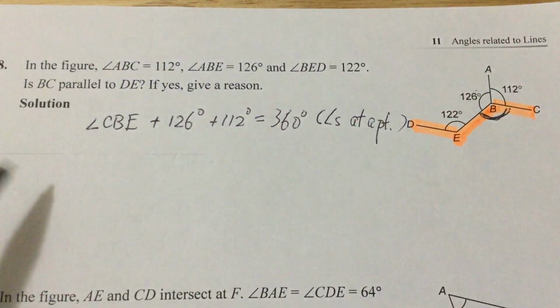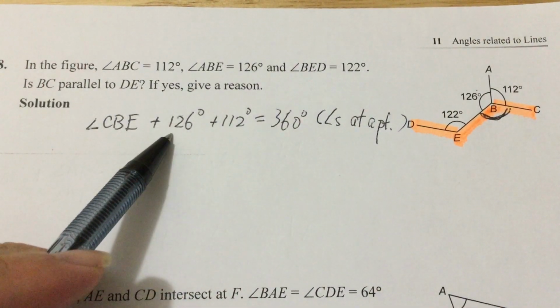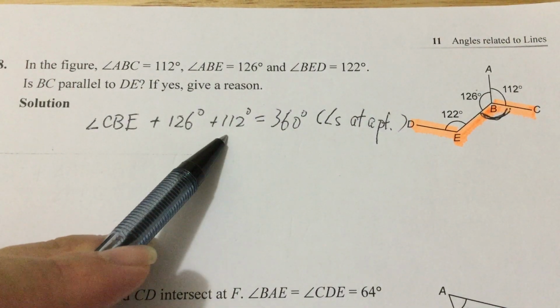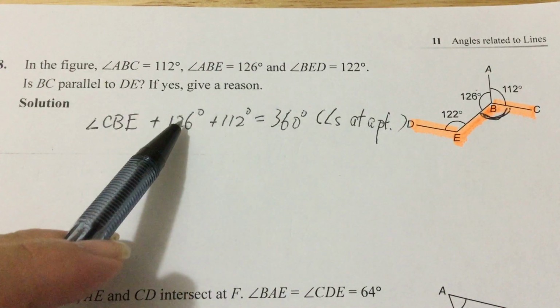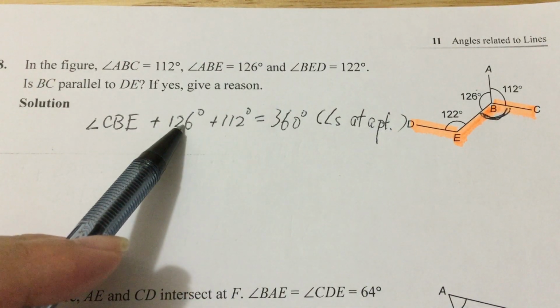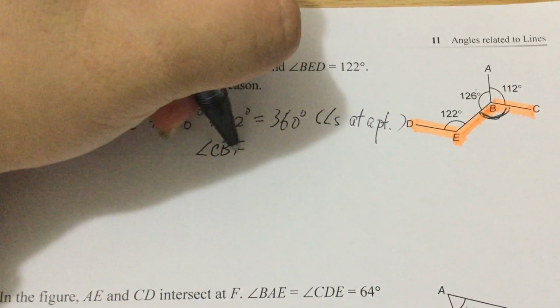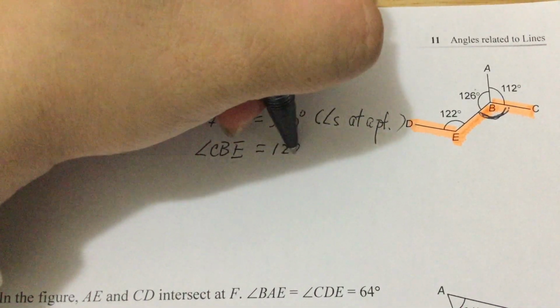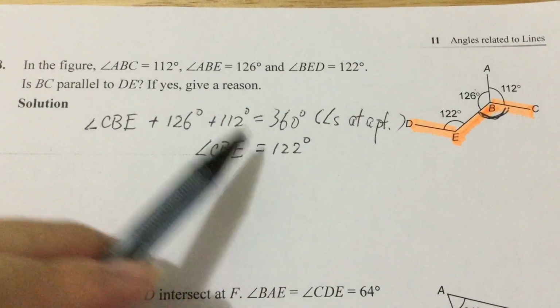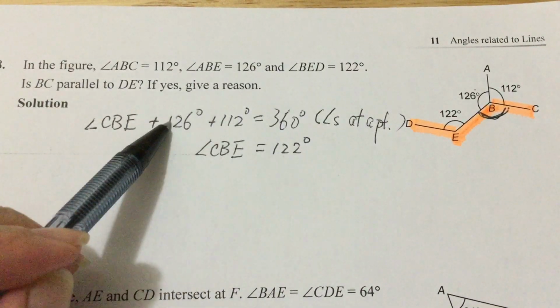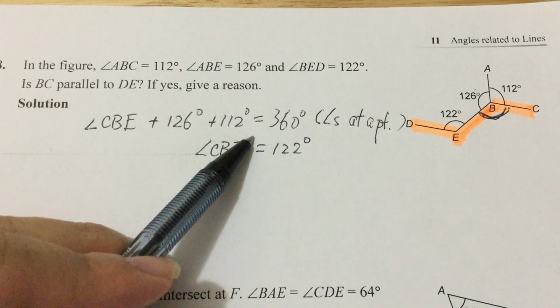Okay, so we add them together. This one is 238. So 360 minus 238. Okay, so 122 again. 22 plus 26 is 48, 48 plus 12 is 60.